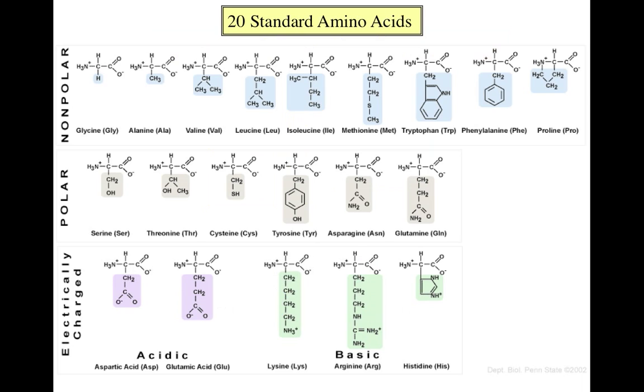Some are classified as acidic, while others are basic. 3 of them, tryptophan, phenylalanine, and tyrosine, have ring structures as part of their R groups. The important takeaway is that every amino acid has its own distinct structure and properties because of its unique R group.